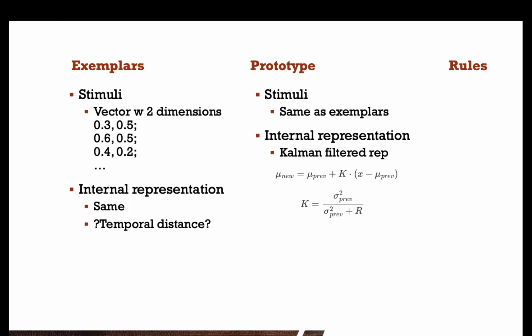The noise of the prototype is updated on a trial by trial level, which we're going to see in a bit, the actual formula. The R is a parameter of the model. We could make the model more complex and say that's actually a parameter that should be estimated.